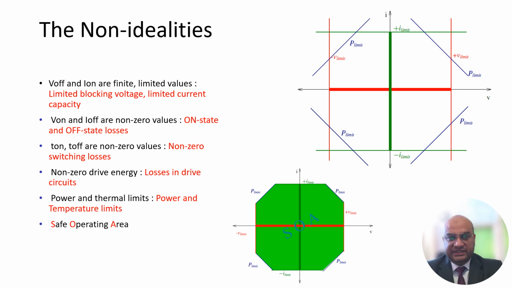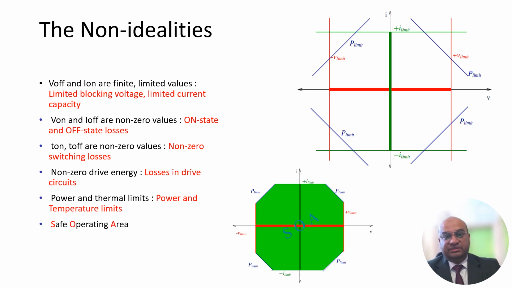During the on state and the off state, there will be certain finite losses. And the time taken for the transitions between on and off is also not zero, so there are switching losses. Then the devices also consume some drive energy, and these losses are calculated in the drive circuits.